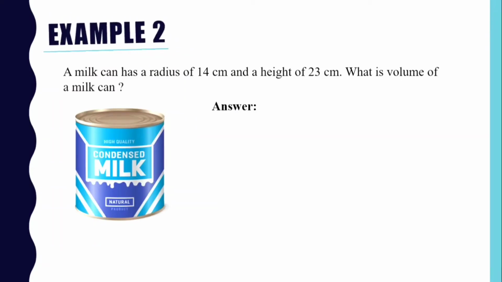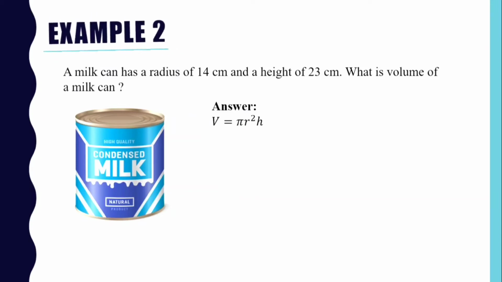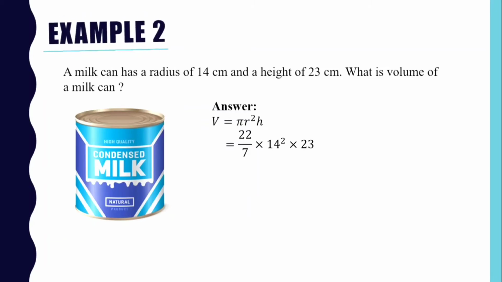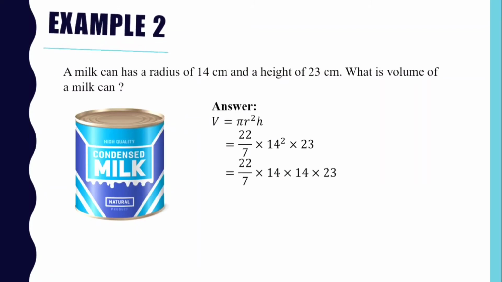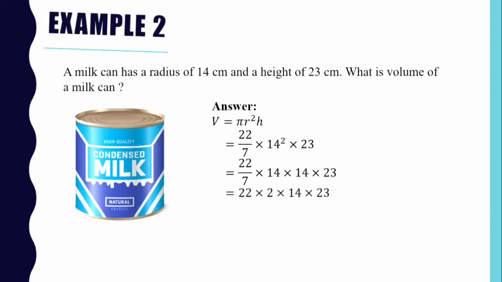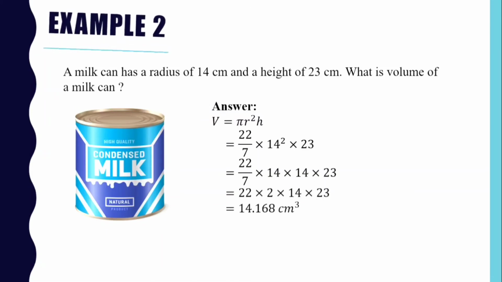The answer, V equals pi times R square times H equals 22 over 7 times 14 square times 23 equals 22 over 7 times 14 times 14 times 23 equals 22 times 2 times 14 times 23 equals 14,168 centimeters cubed.